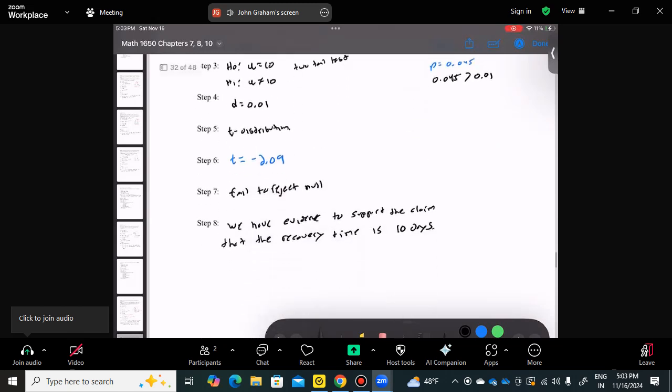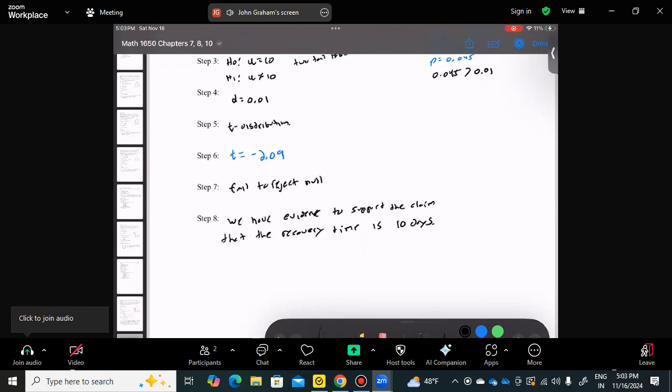We also want to look at, let's say we have the population standard deviation be equal to 0.1 days. Let's see what happens with this now.